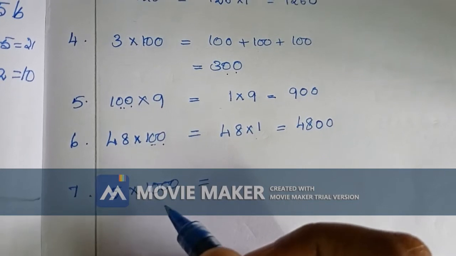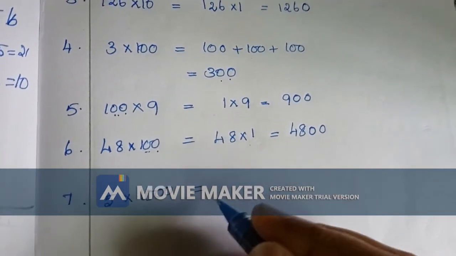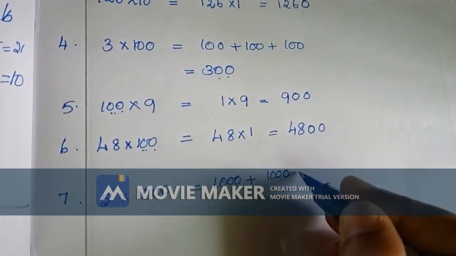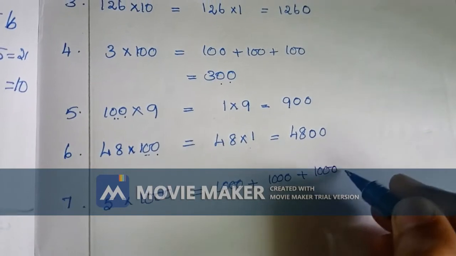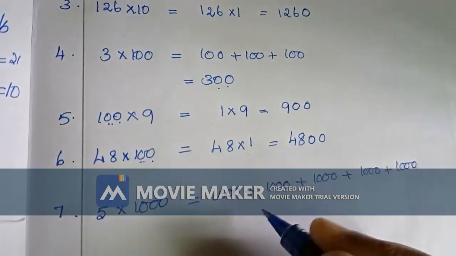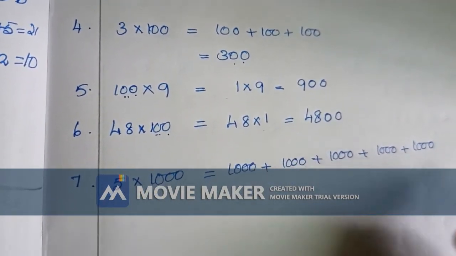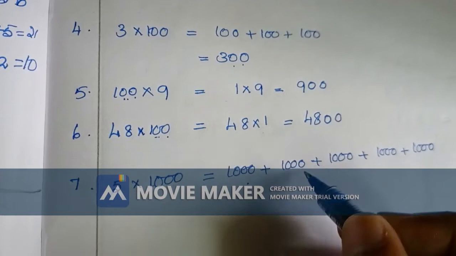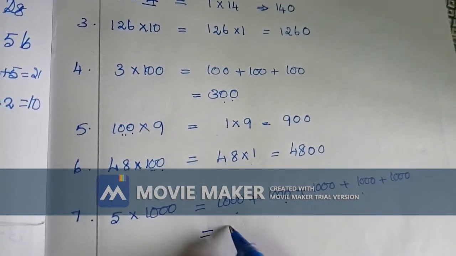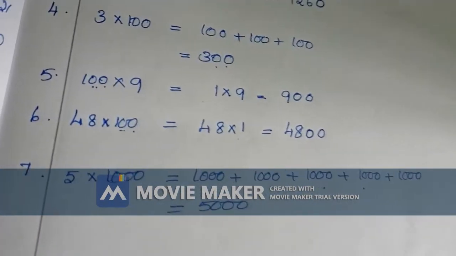Yes, we have to add 1000 up to 5 times. 1000, 2000, 3000, 4000 and 5000, isn't it? So we get the answer as 5000.